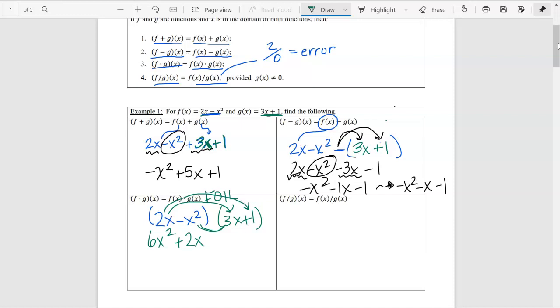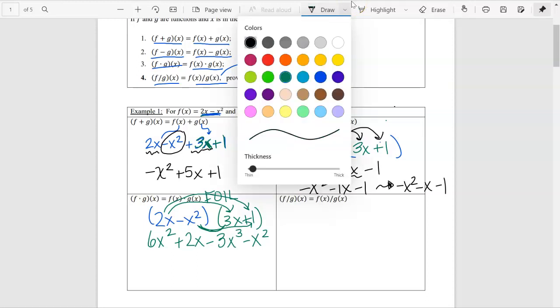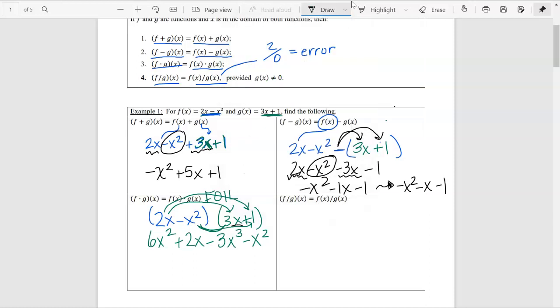Negative x squared times 3x is going to be negative 3x to the third, because we've got an x squared times x to the first, so that's going to be x to the third. And then our last terms, negative x squared times 1 would be negative x squared, or negative 1x squared, but we don't need the 1. So this time, when we're combining like terms, my highest power that I see is this negative 3x to the third.